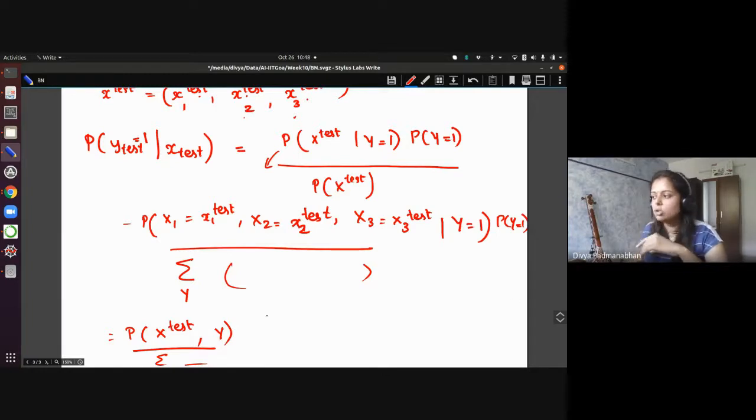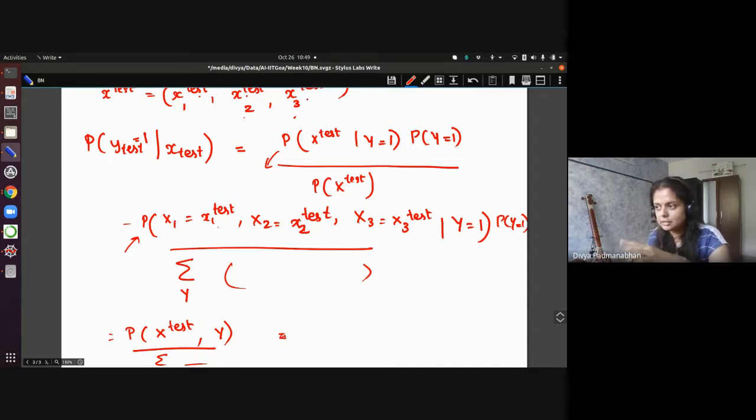Now, remember from the chain rule, what you should have ideally done was condition on everything else. There are different ways to condition it, but why did we choose this particular way of conditioning it?